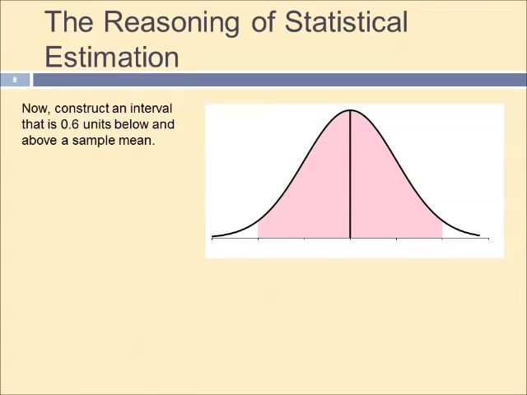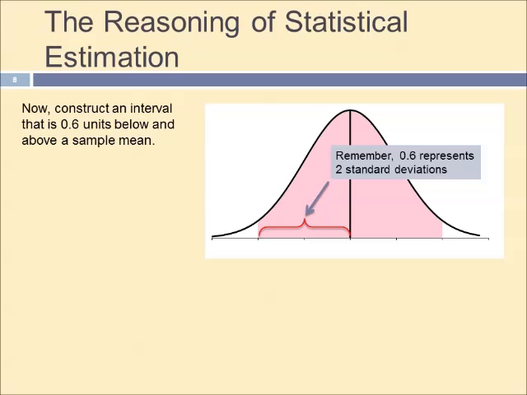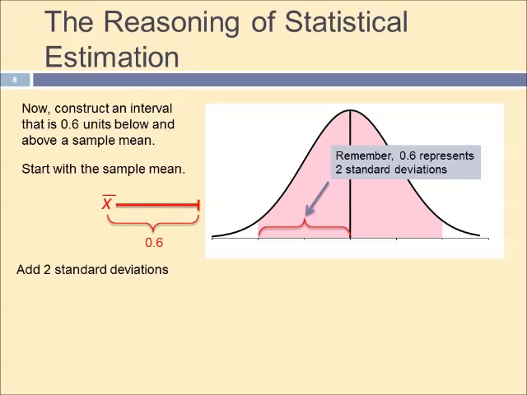Now let's construct an interval that is 0.6 units below and above a sample mean. Remember that 0.6 represents 2 standard deviations. So we'll start with the sample mean, x bar. We add 2 standard deviations, and we subtract 2 standard deviations.